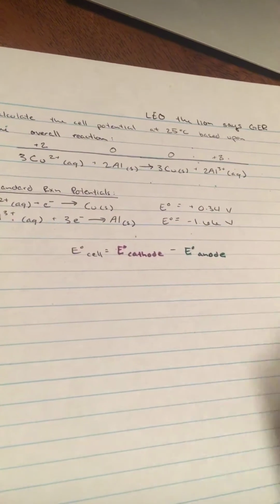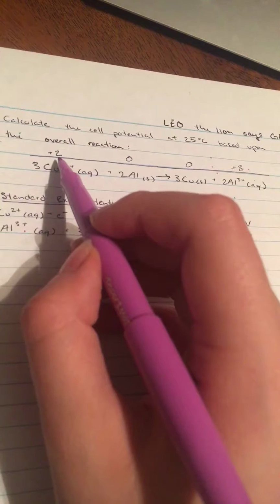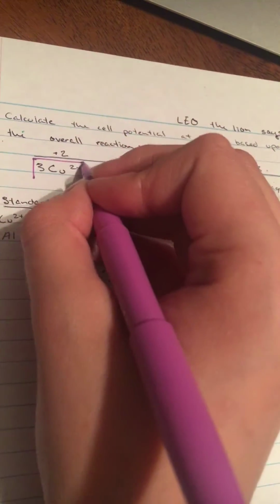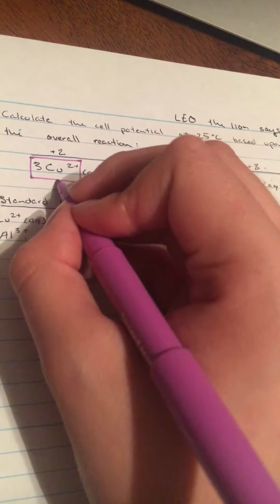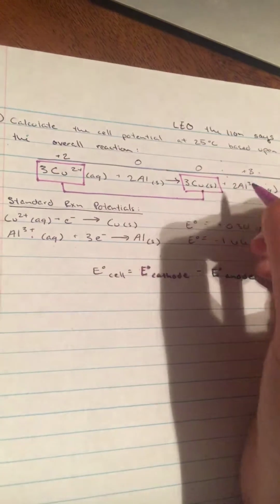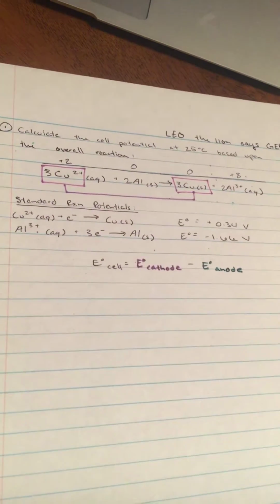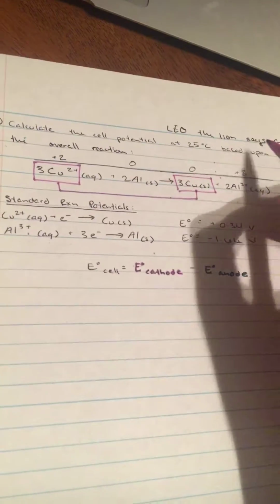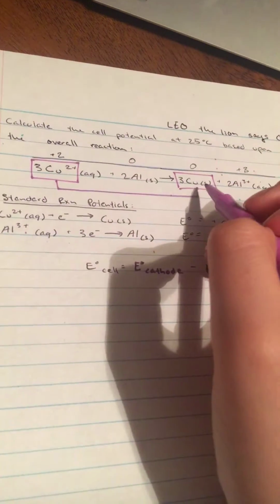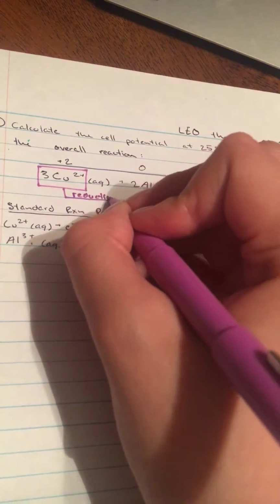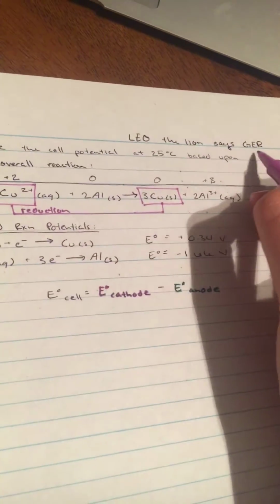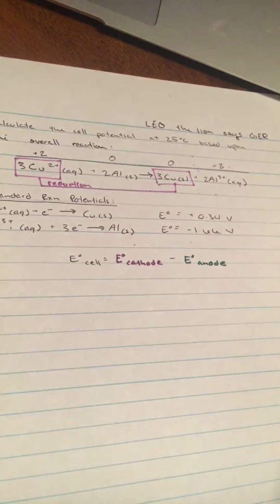So we see that this one's going from +2 to 0, which means that it's gaining electrons because it's getting more negative. So we're going to label this as reduction, because gaining electrons is reduce, or reduction.